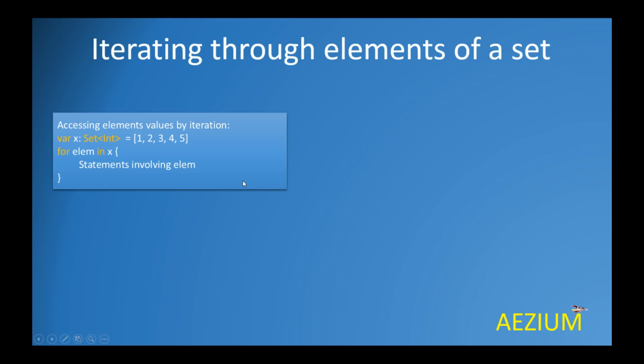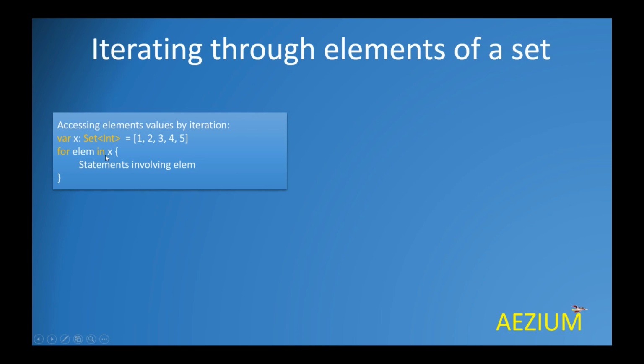We can iterate through the elements of a set as we did in the case of arrays. For a variable x defined as set of integers with these values, we can use a for-in loop.